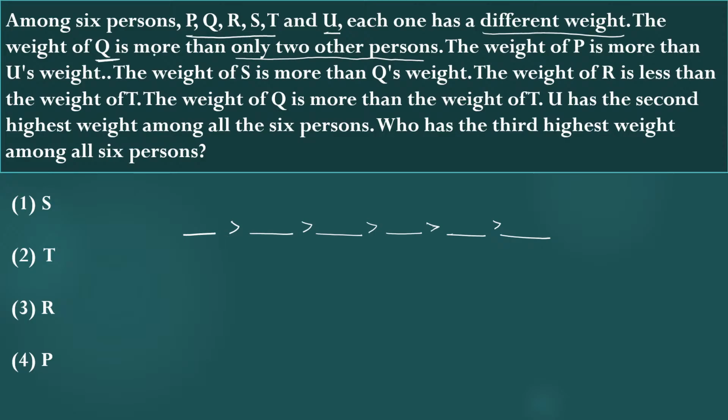The weight of Q is more than only 2 other persons. So we can write Q at position 2, because Q is more than only 2 other persons.